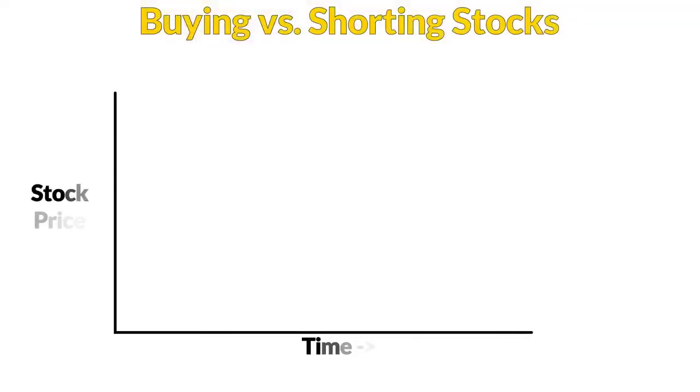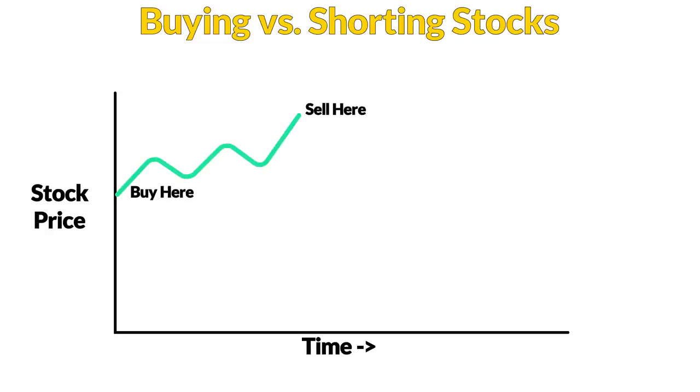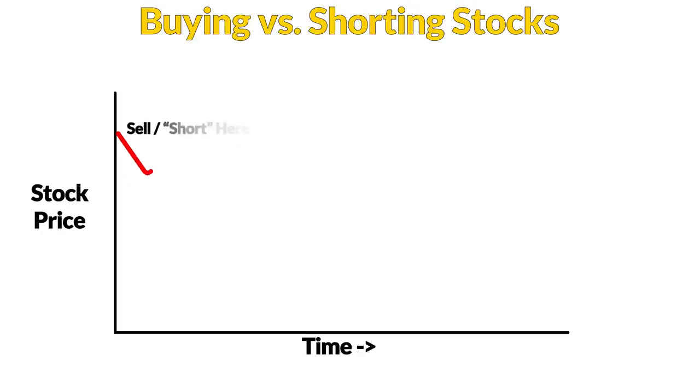And similar to buying shares of stock, if I buy shares of stock, I make money if the stock price increases. But that's not the only way I can participate in the stock market. I can also short stocks, meaning that I can sell them first without owning them, and if the share price falls, I can make money on that transaction by purchasing the shares or closing my position at a lower price.